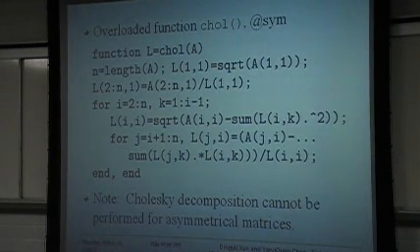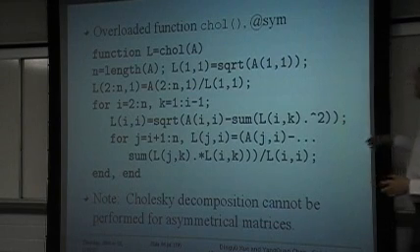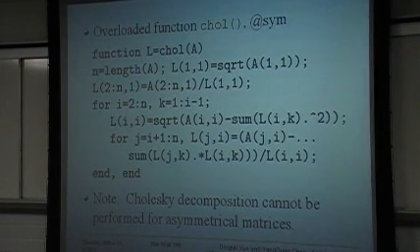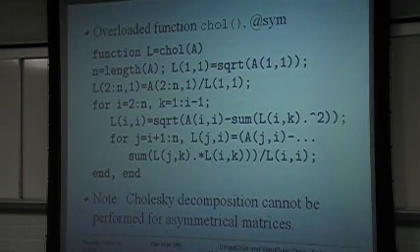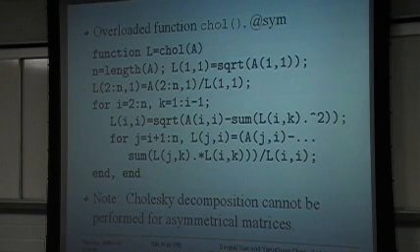This function can be used to perform symbolic computation to find the lower triangular decomposition L. It should be noted that the CHOL function can only be used for symmetrical matrices. If a matrix is not symmetrical, then the result might be wrong. So it is only applicable to symmetrical matrices.